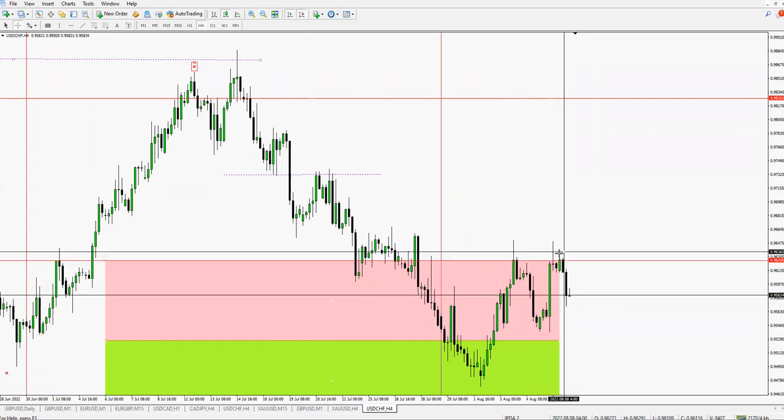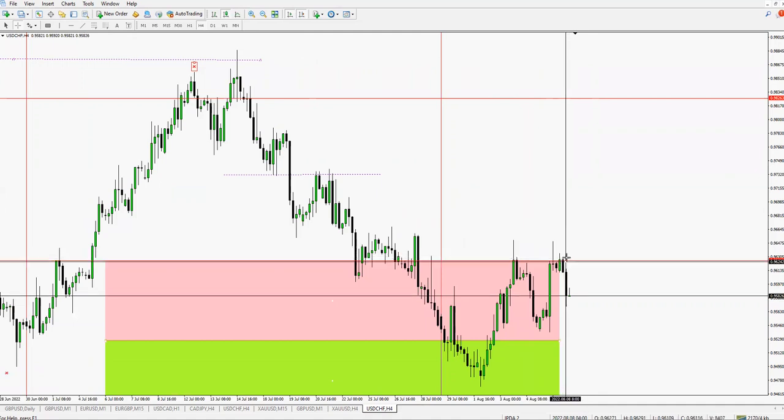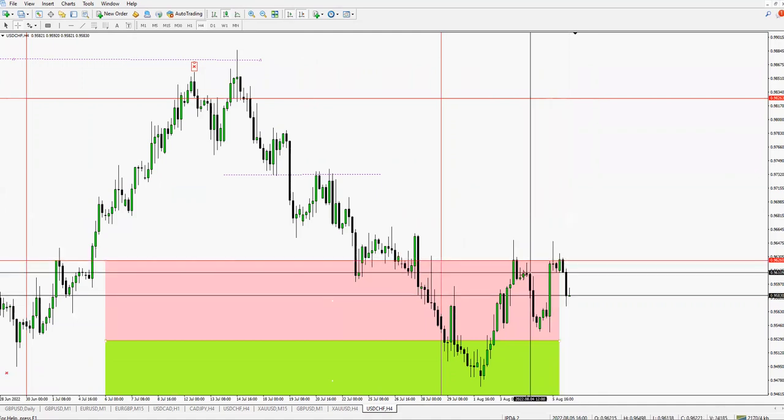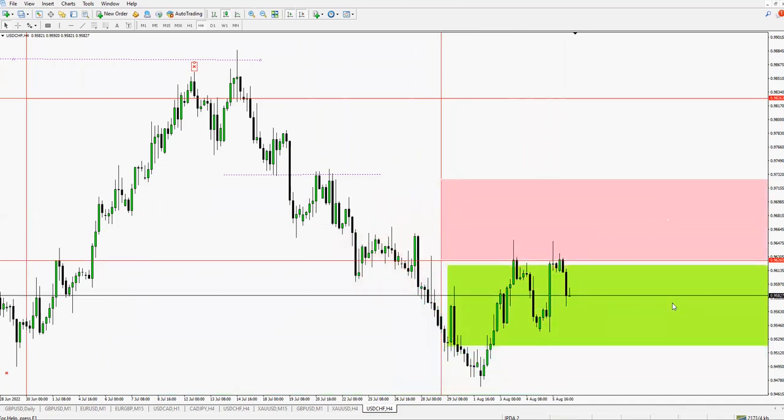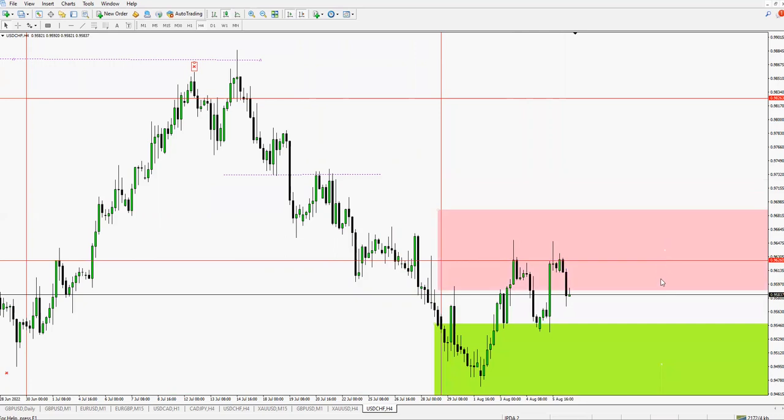And until price visibly, noticeably closes outside of this premium, will we then shift this up to the premium, and this will become discount over here. So that's currently what we are working with now on this given pair. So that would be the premium, this would be the discount over here.